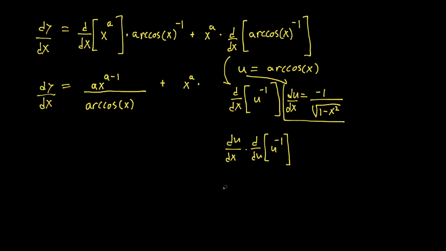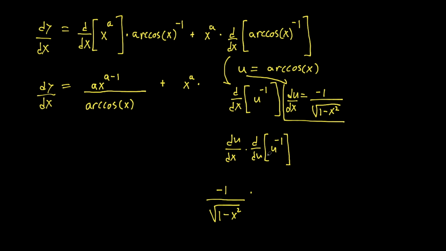So that means we have du dx is equal to negative 1 over the square root of 1 minus x squared. It's the same thing as this up here.